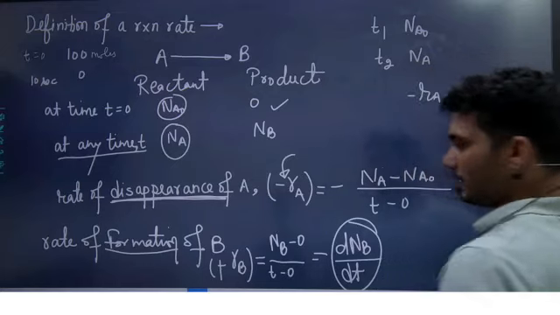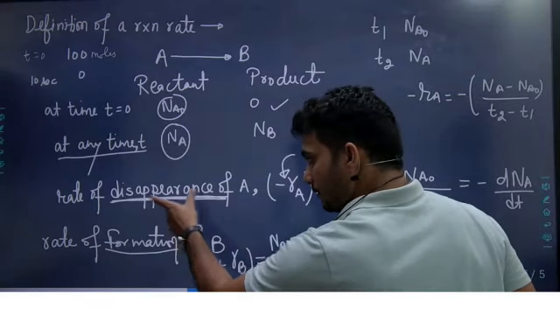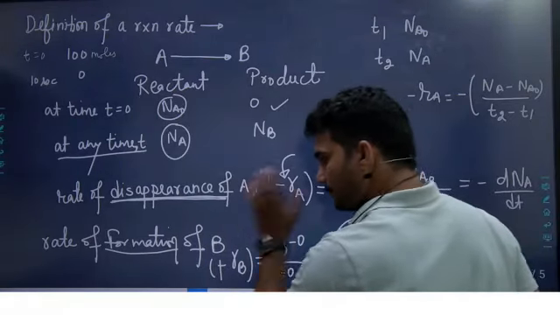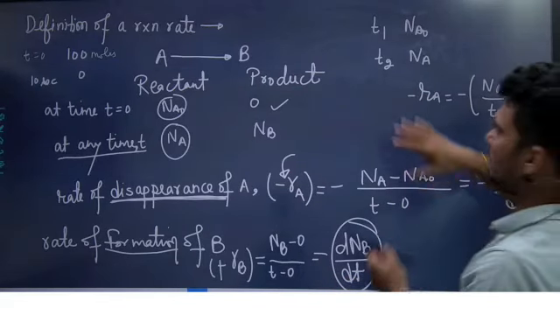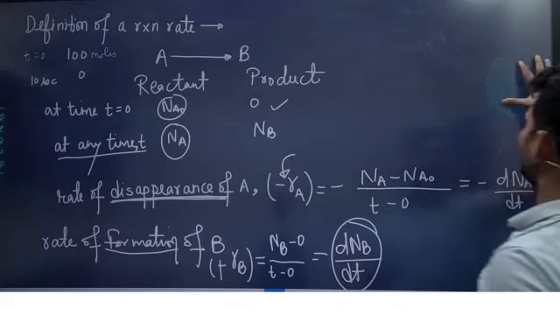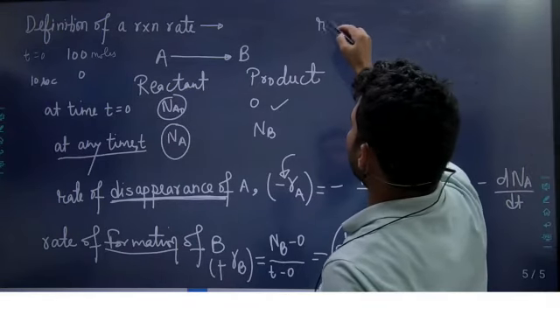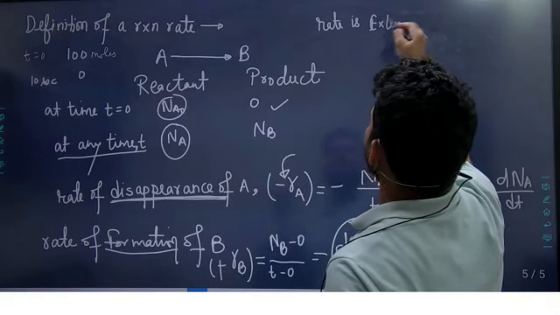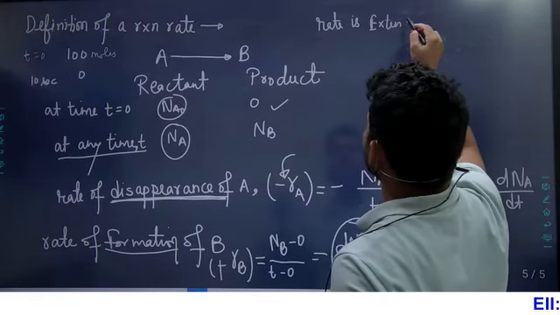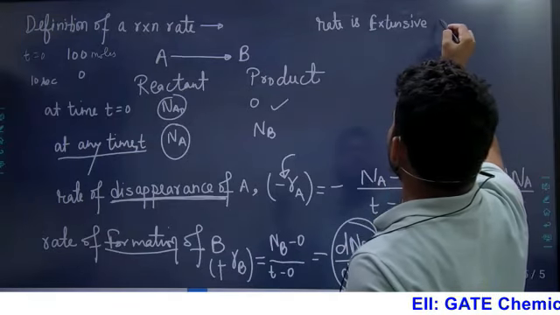So are you easily understanding all about the rate of disappearance of A and rate of formation of B? Now, when I am using this definition, the rate is an extensive property. Till this point, rate is an extensive property.